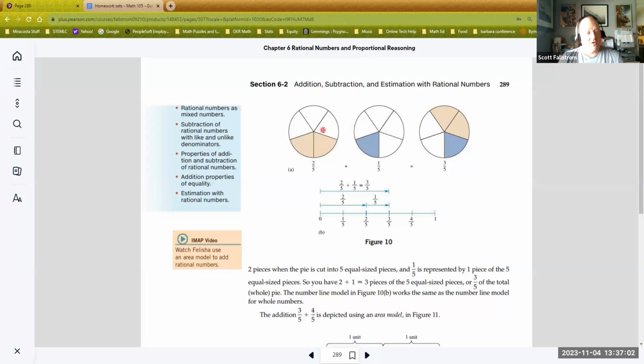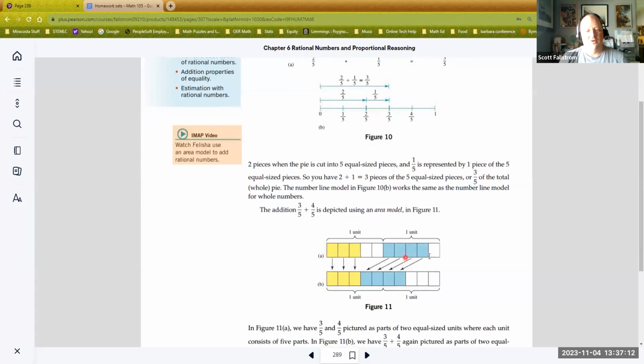They're just very hard to draw. So if they're already drawn for you, that's perfect. If they're not drawn for you, then try the area model that looks more like rectangles. Just remember, with rectangles, you have to think about what is my whole unit, one whole object, because you're taking 3/5 of it.